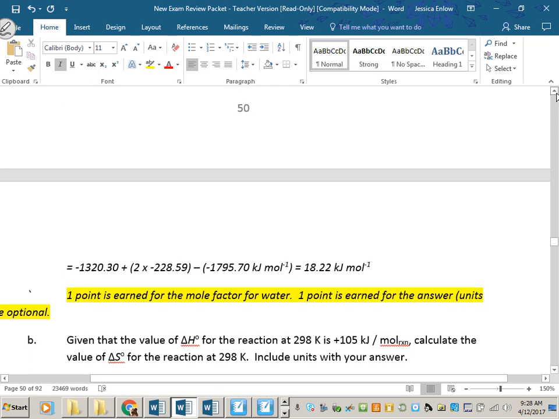All right, so how would you get delta S given data for delta G and delta H? So delta G is equal to delta H minus T delta S. So plugging in your variables, the only thing you need to make sure is that you are in Kelvin, which is 298 Kelvin. Kilojoules and kilojoules will work out.